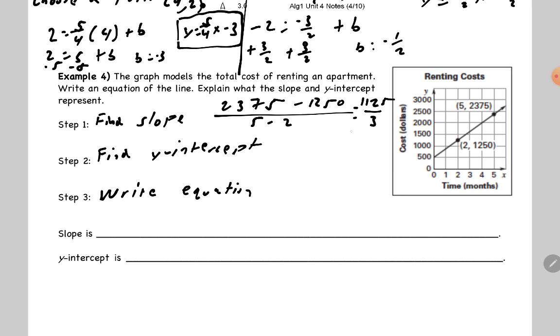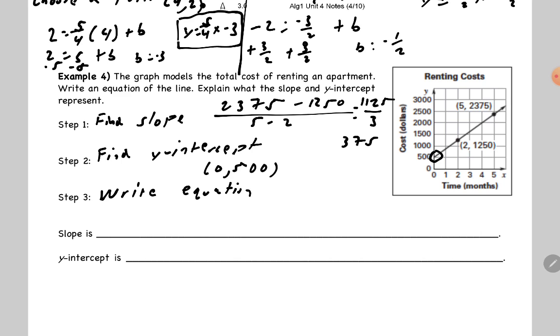It does, evenly. 1125 divided by 3 is 375. So that's my slope. My y-intercept is right here on the graph. If I didn't know this spot, I could use the 2 points, just like we've been doing in the previous examples. But we have it here, so 0, 500.